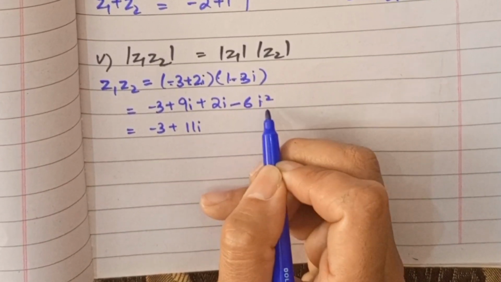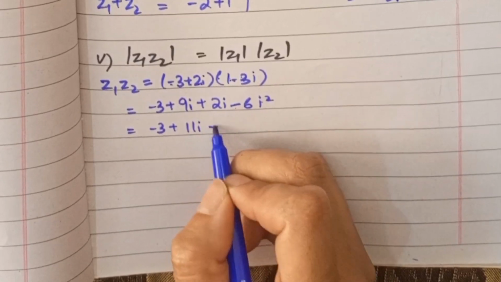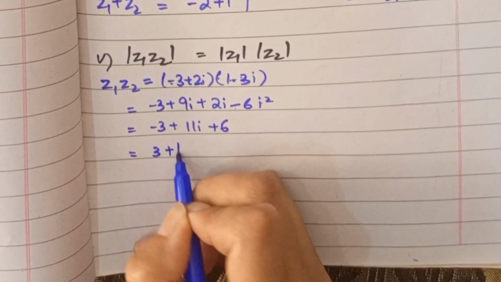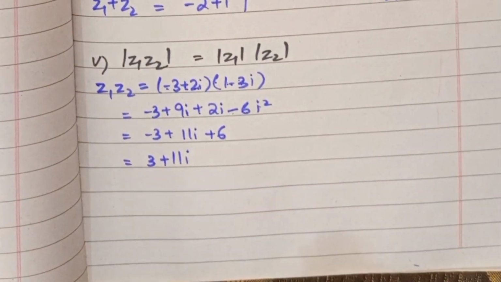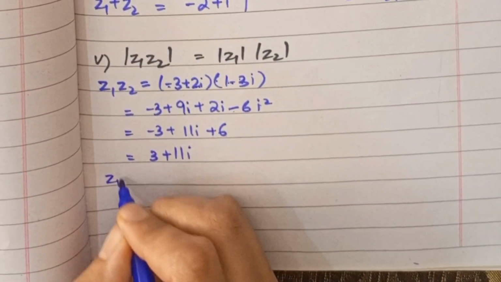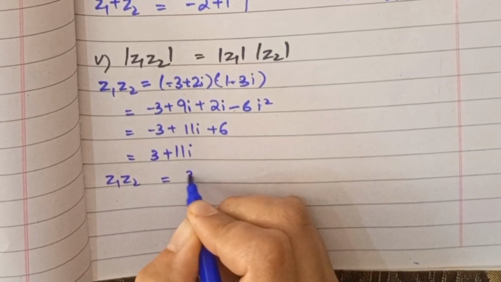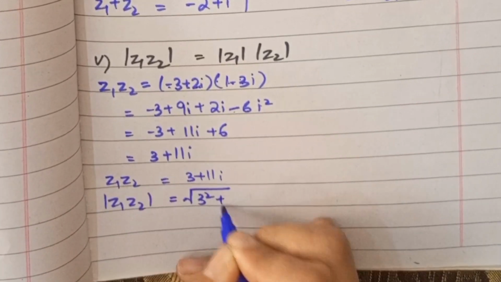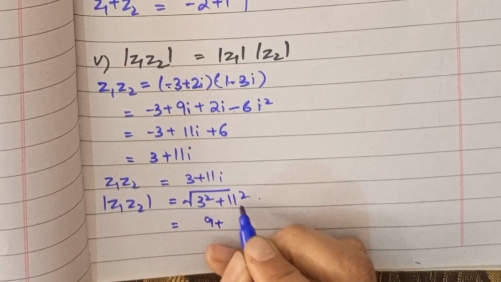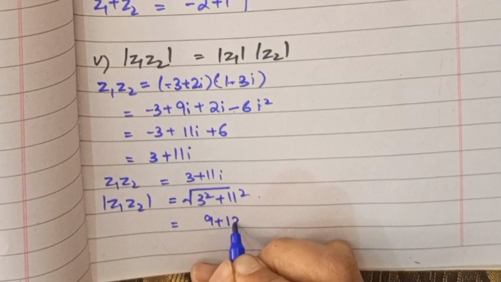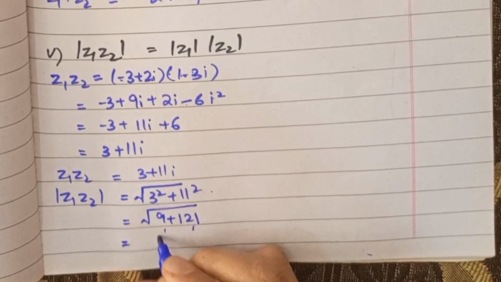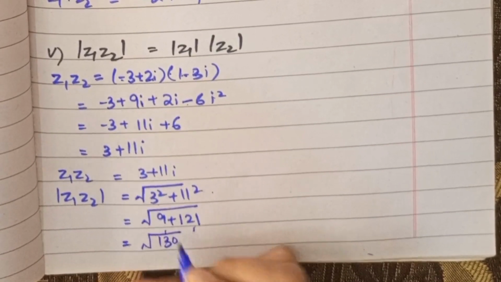Iota square is always minus 1, so minus minus is plus 6. 6 minus 3 is 3 plus 11 iota. So z1 z2 is 3 plus 11 iota, plus 11 square. 3 square is 9 and 11 square is 121. 121 plus 9 is 130.